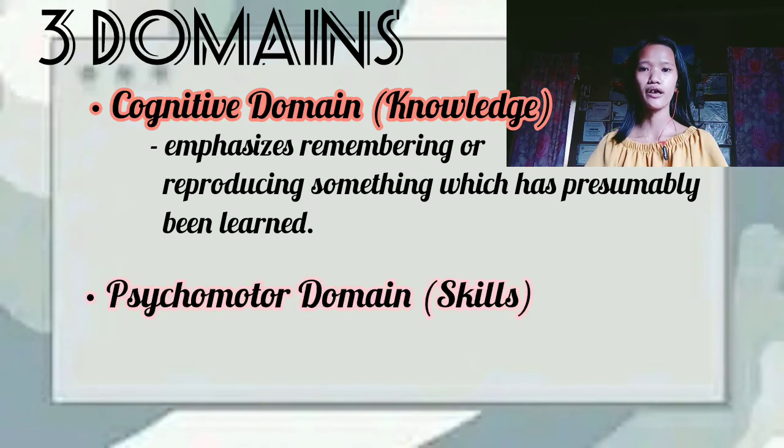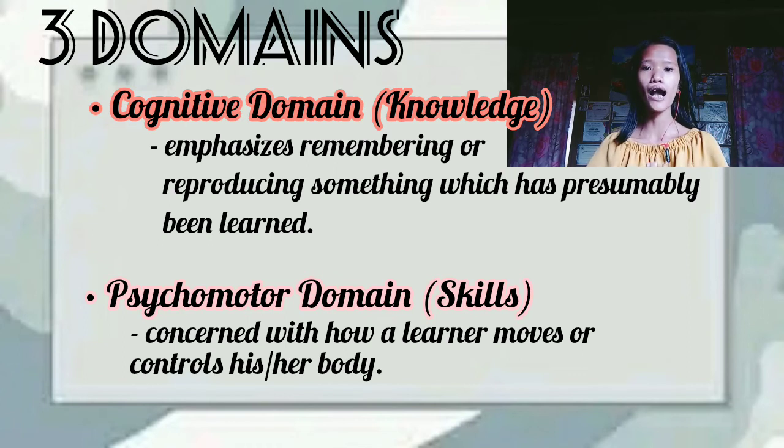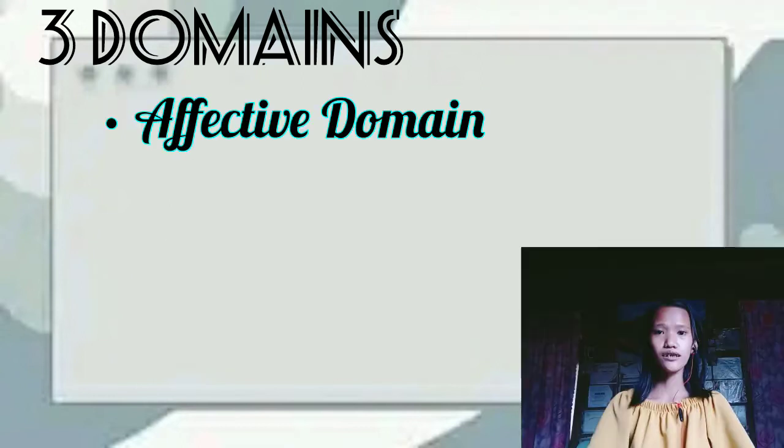The second domain is the psychomotor or skills. It is concerned with how a learner moves or controls his or her body. Ito yung domain na kung saan tumatukoy sa kung paano gumalaw yung bata, kung paano niya ipiperform o kung paano siya magpiperform. The last one is the affective domain.